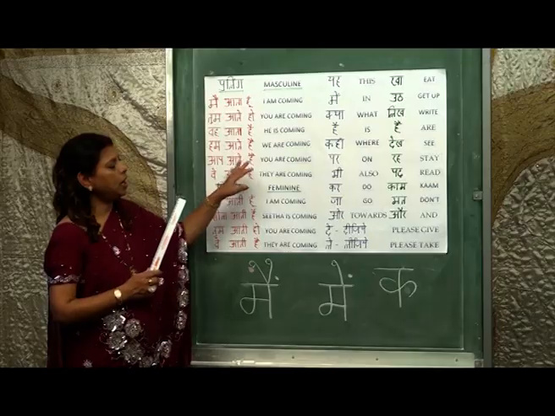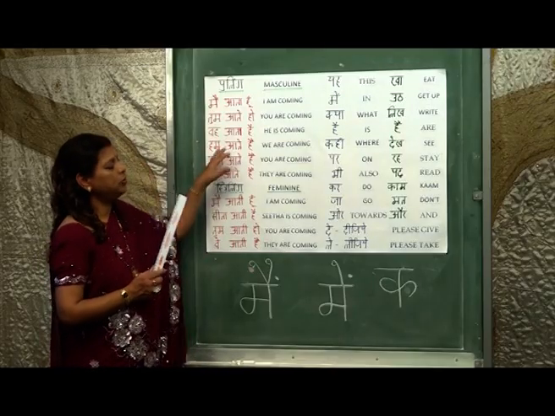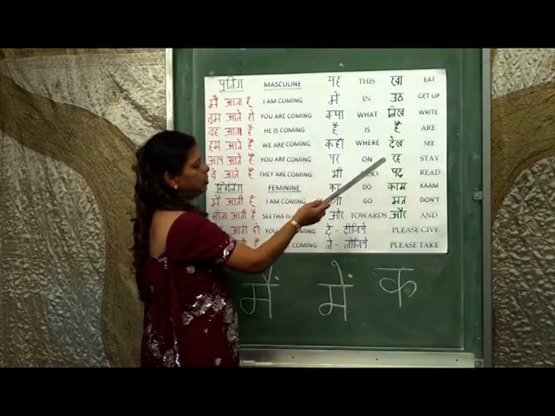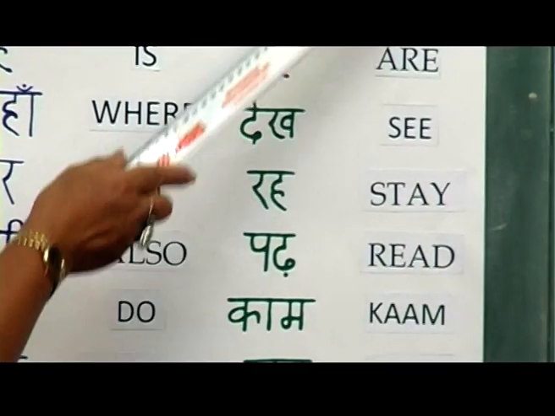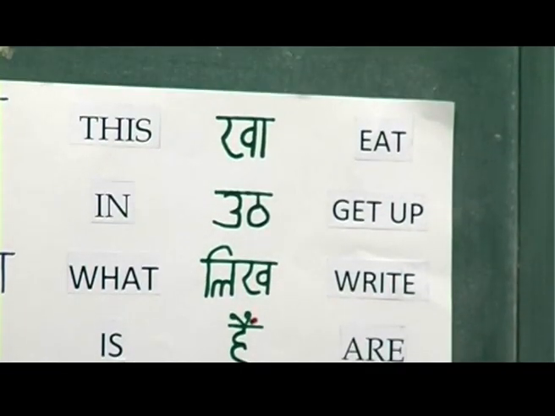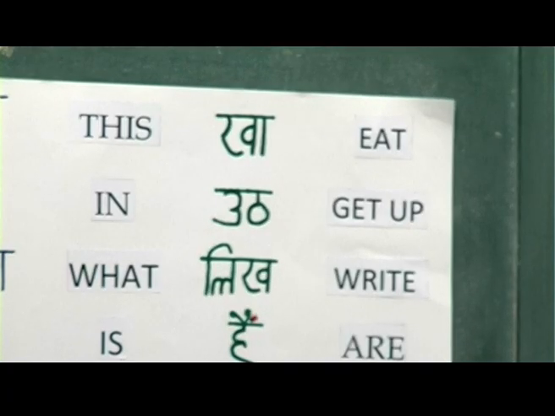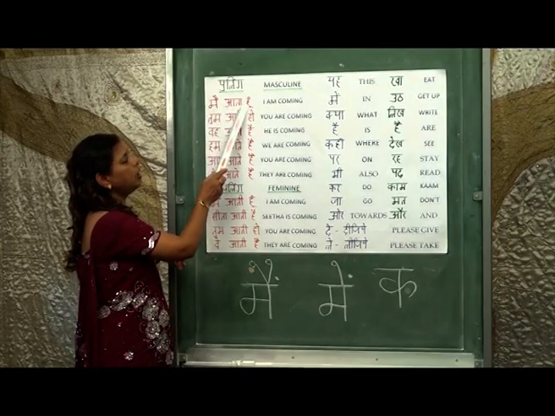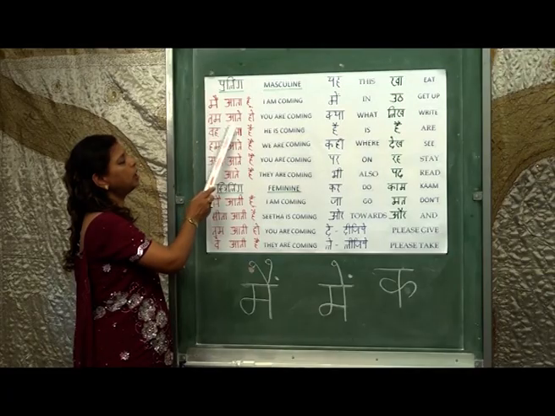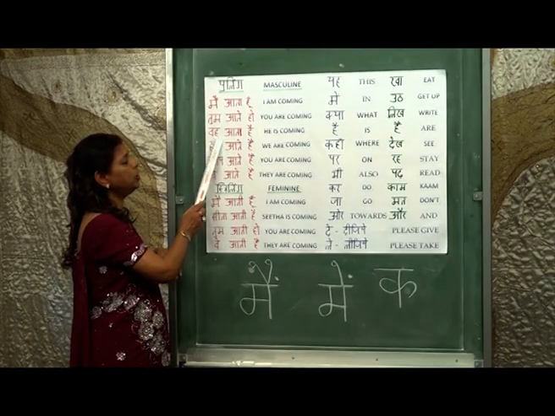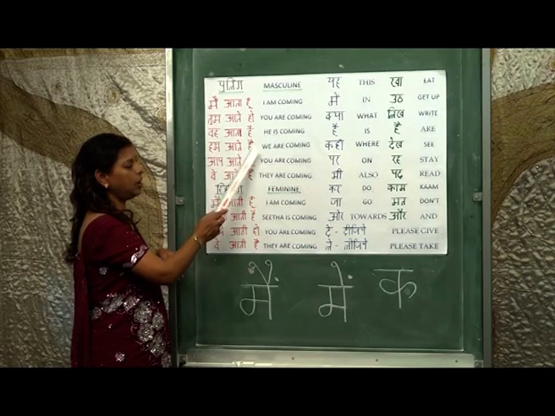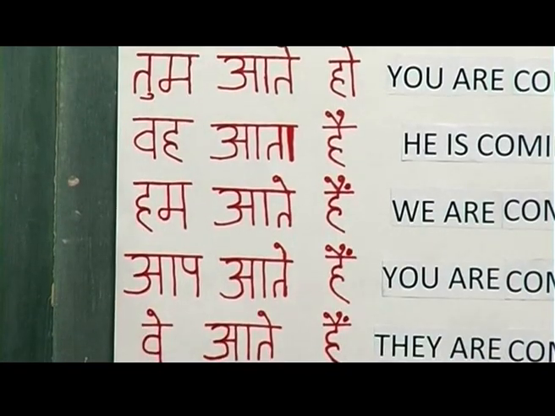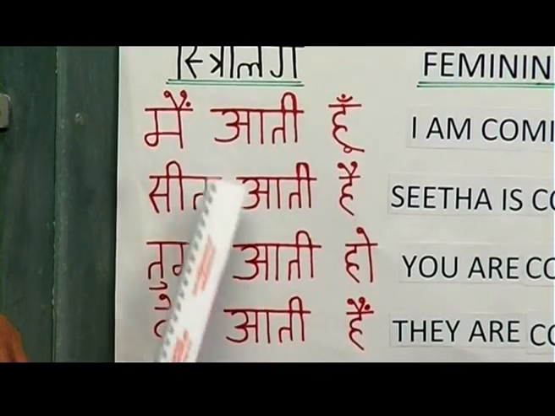Now, if you take any other doing word from our list here, if you take, for instance, eat, it will work in the same manner. मैं खाता हूँ. तुम खाते हो. वह खाता है. हम खाते हैं. Then you can come into the feminine section.